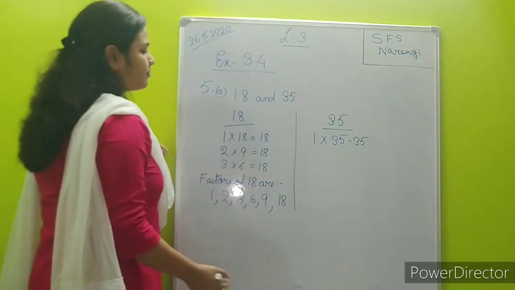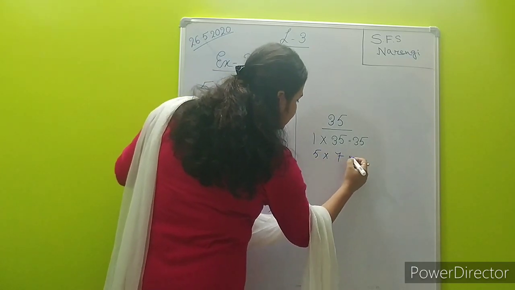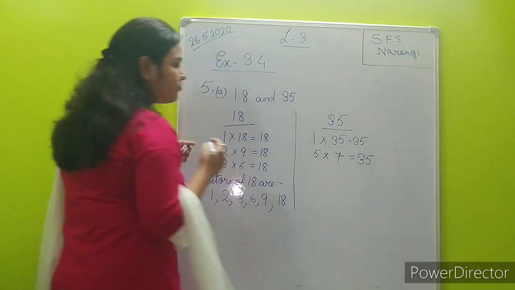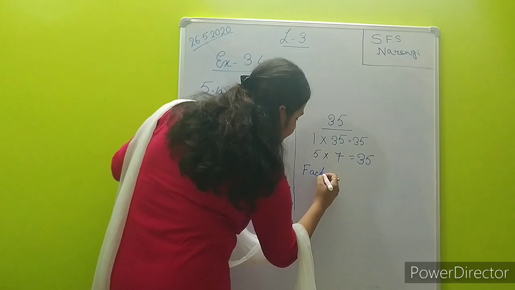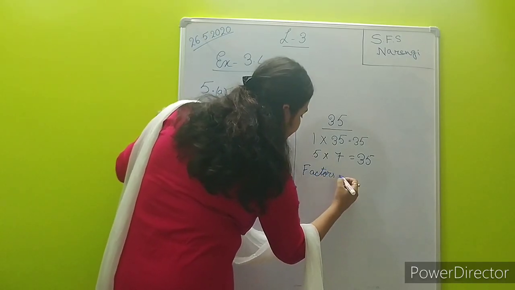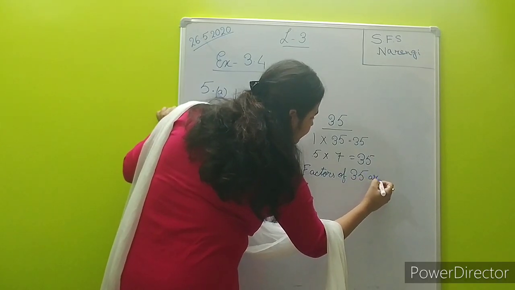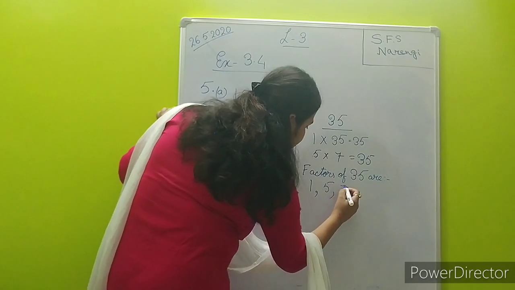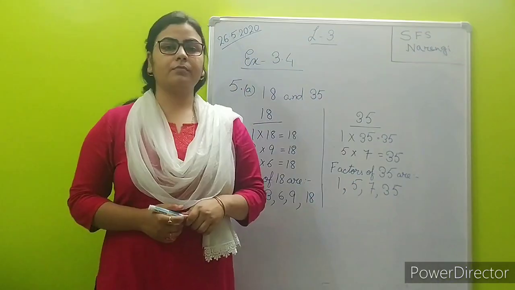Next we have 5. 5 7s are 35. So the factors of 35 are 1, 5, 7, 35. Right?